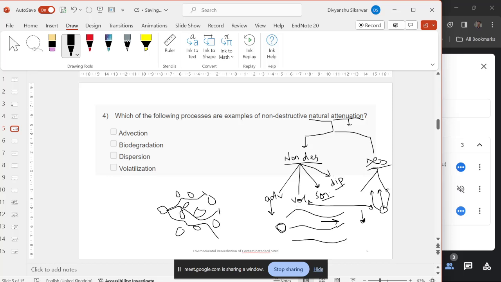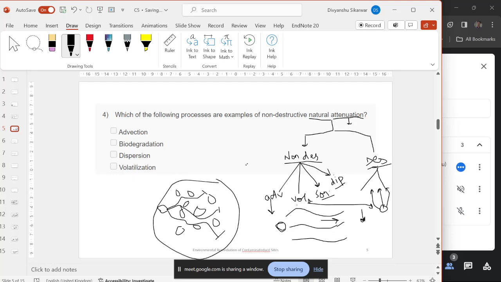Basically, these molecules got separated and became a little less concentrated, got dispersed. In that way it could also reduce the concentration. Biodegradation will come in destructive. For this question, the answer is advection, dispersion, and volatilization.